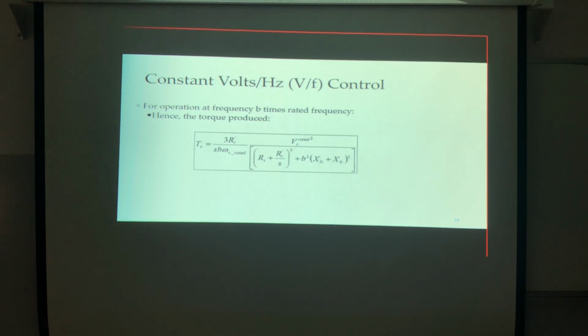So, for operation at frequency B, what will happen here? Here I'm adding B, so that I can use the rated speed here. And here I'm adding B square, so that I will use the reactance calculated at the rated value or rated frequency.